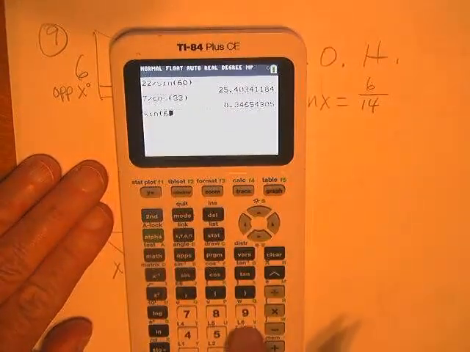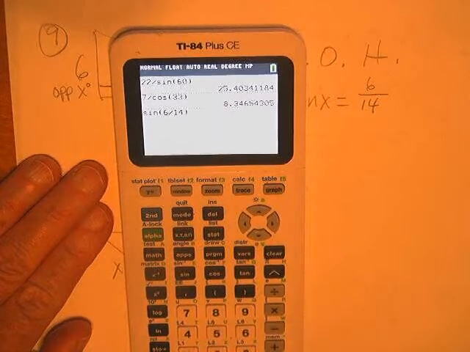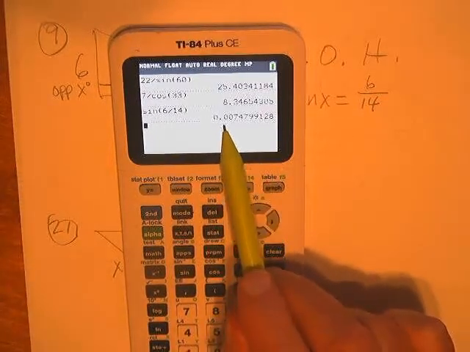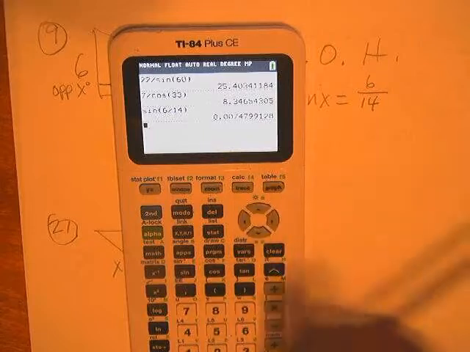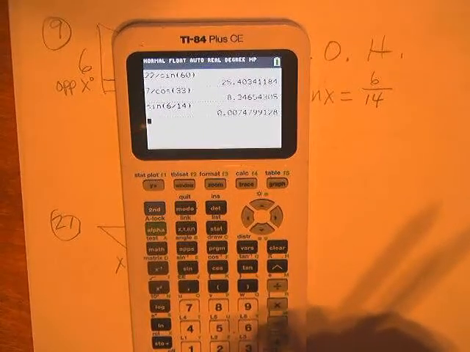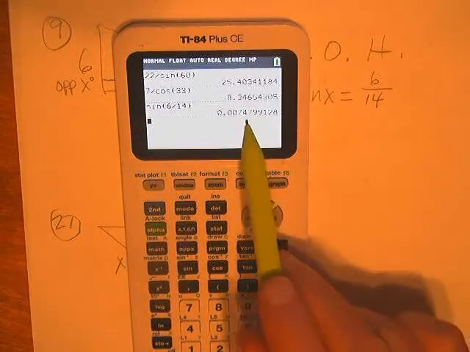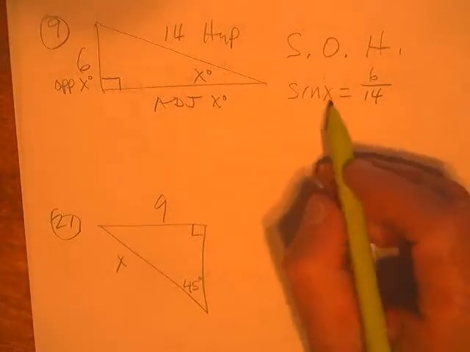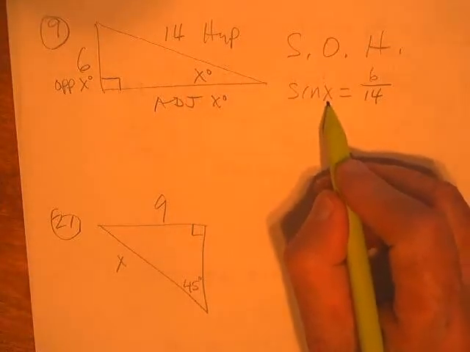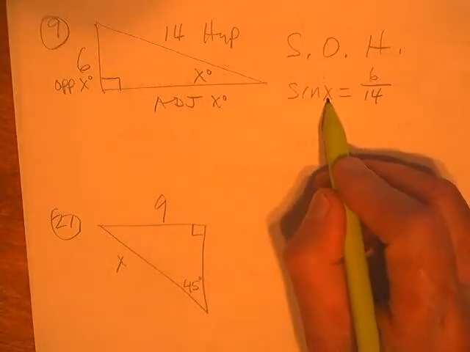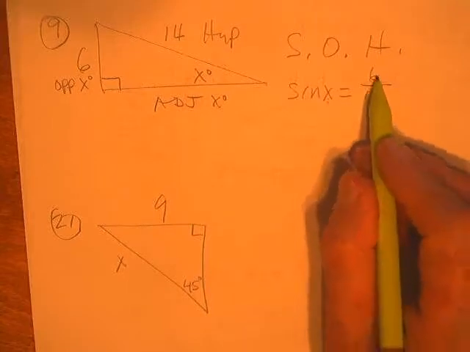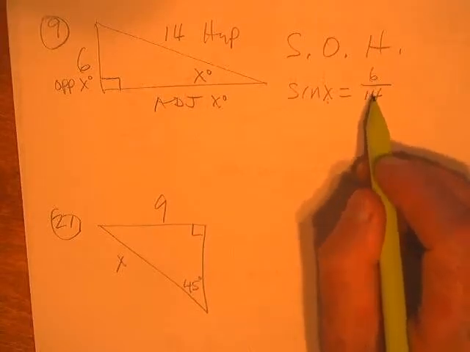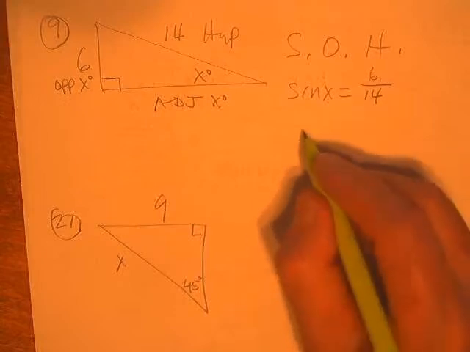Okay, and this angle needs to look like an angle. So if you do this, you've never been more mistaken in your whole life. Here's an angle that's 0.007 and some change degrees. It's not even a whole degree. So there's no way that's right. But what is true is somewhere out there is an angle x, and this fraction, or decimal, however you want to think of it, is its sine.